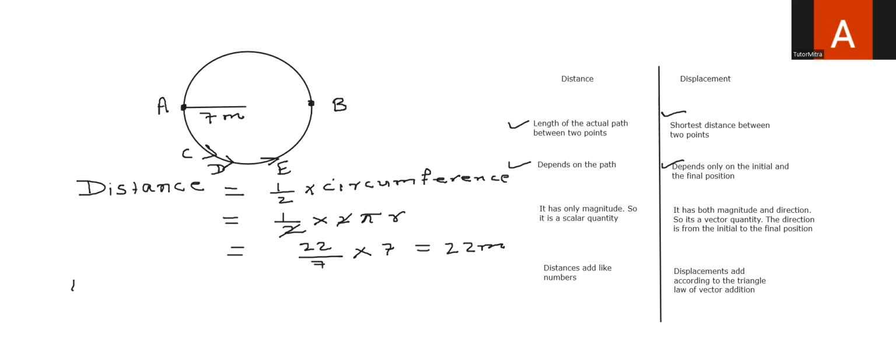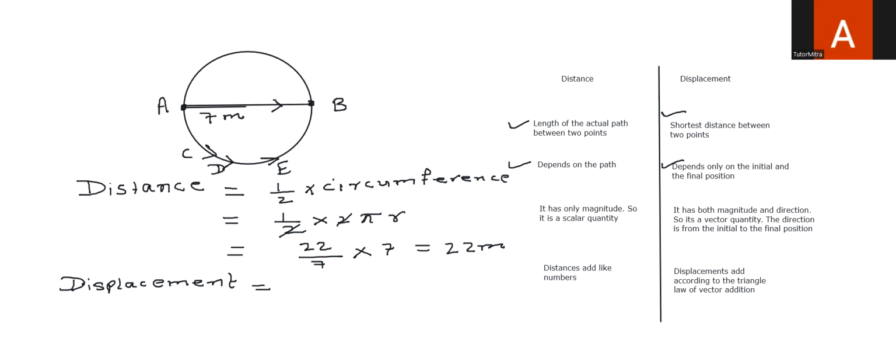Displacement. When the particle is at point B, it started from point A. So what will be the displacement? Displacement will be the straight line joining the point A to the point B, the length of this straight line. So what will be the length?